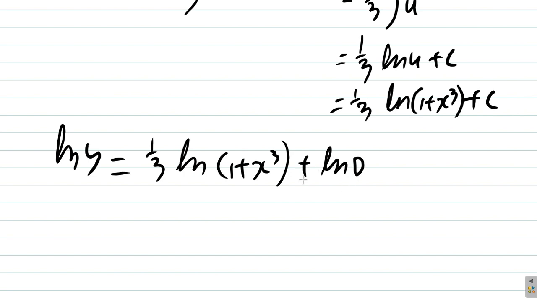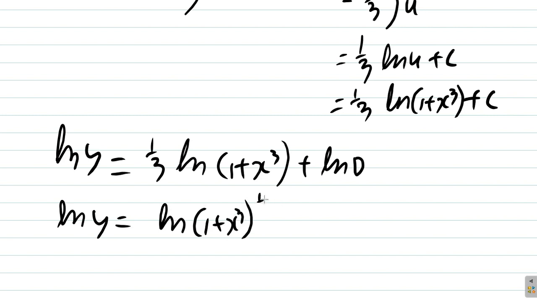Now, remember, 1/3 ln of 1 plus x cubed. Let's rewrite this: ln y equals, this is really ln of 1 plus x cubed to the power of 1/3, which would be the cube root of it, plus ln d.